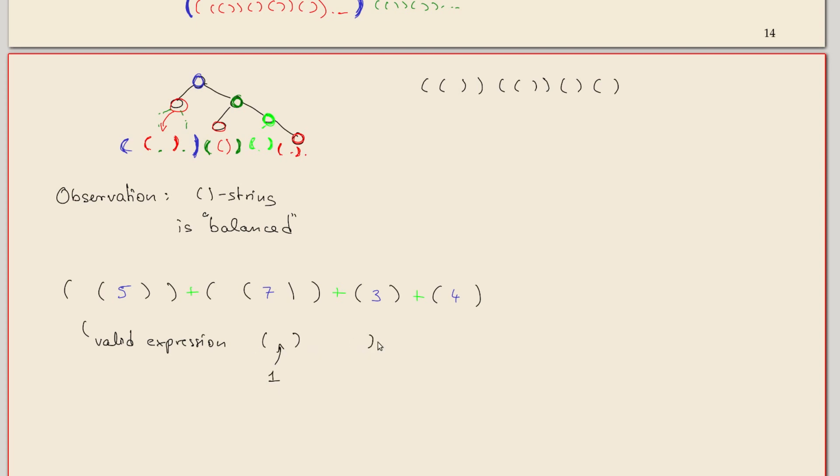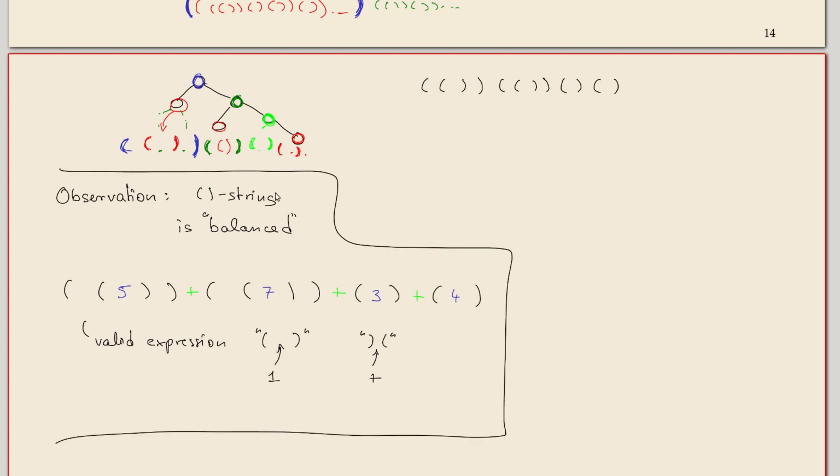And whenever I see this, I add a plus in between. That's my definition of balanced parentheses. Such a string is balanced if I can add ones and pluses and it forms a proper arithmetic expression.